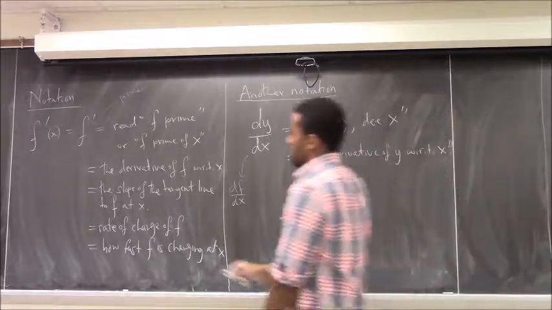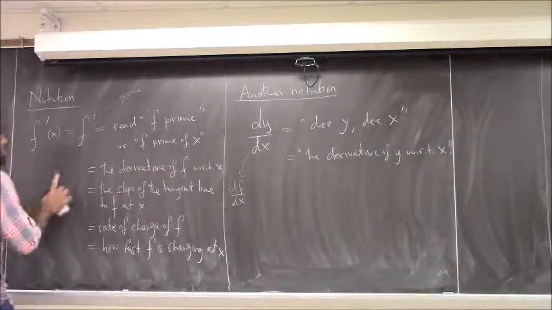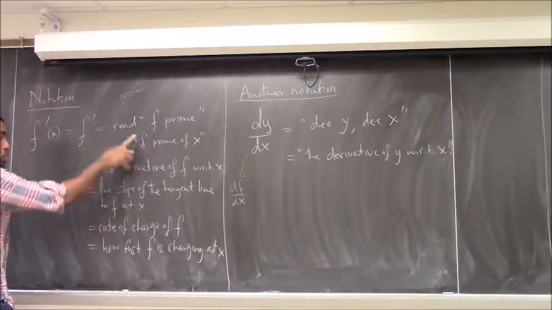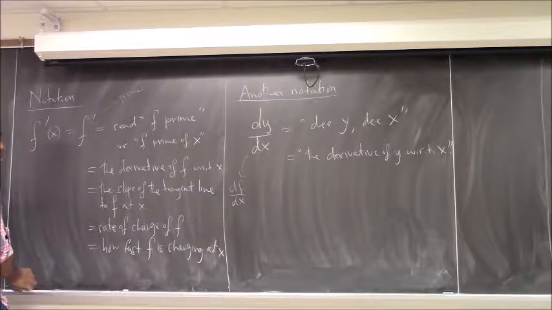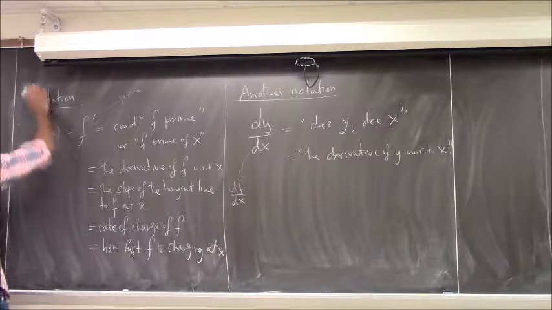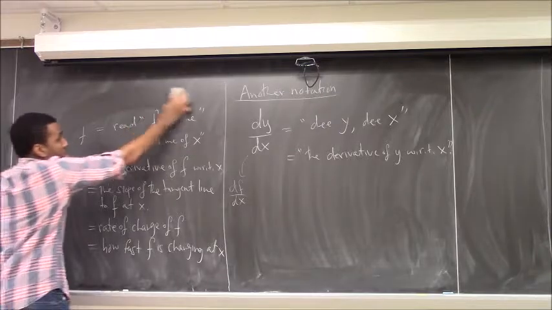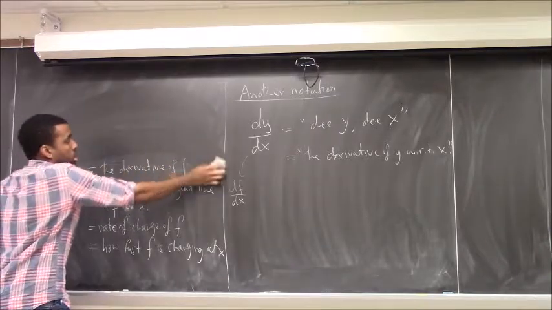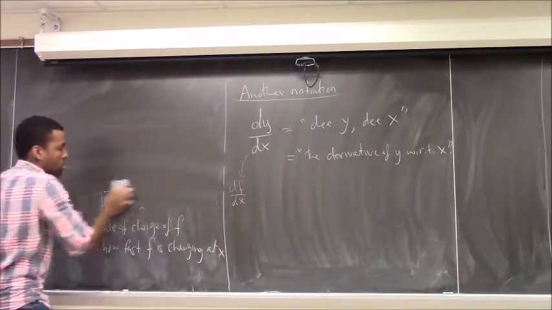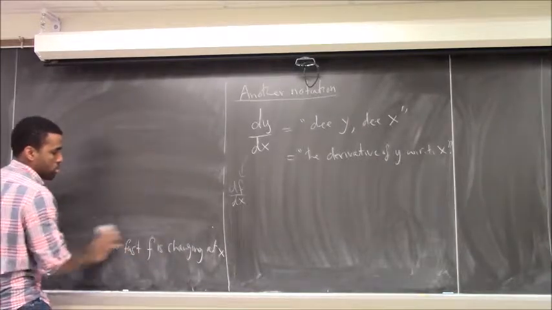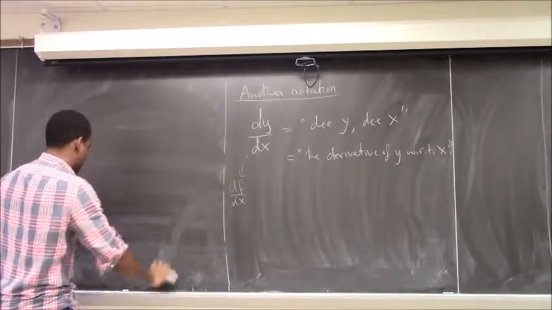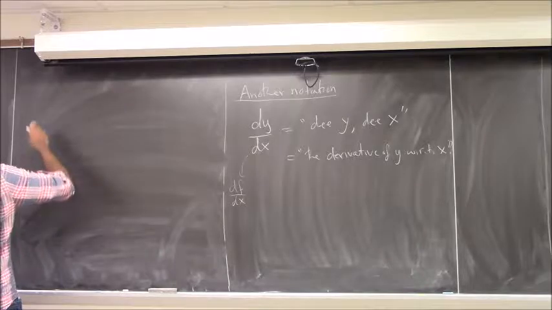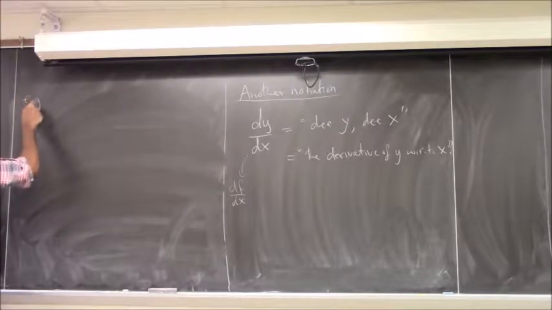Let's actually do an example. But another thing that is very important is being able to interpret what this gives you. It gives you the slope of the tangent line to the function at the point, which also talks about the rate of change of the function at the point. So let's do an example.